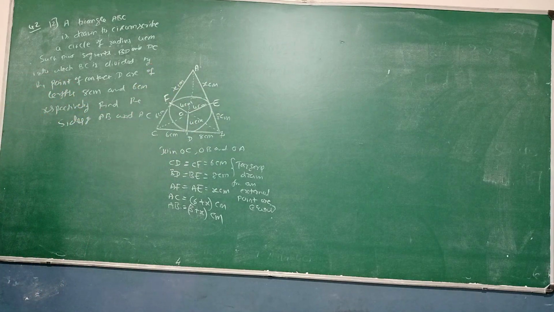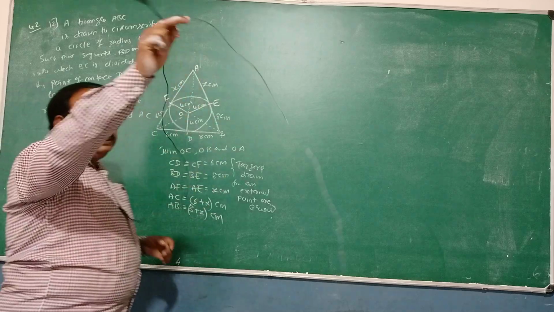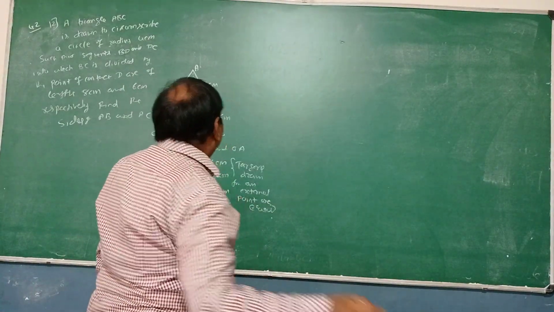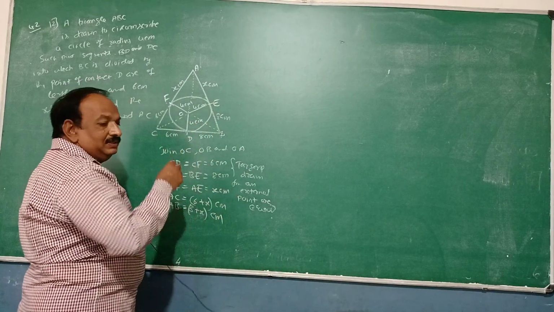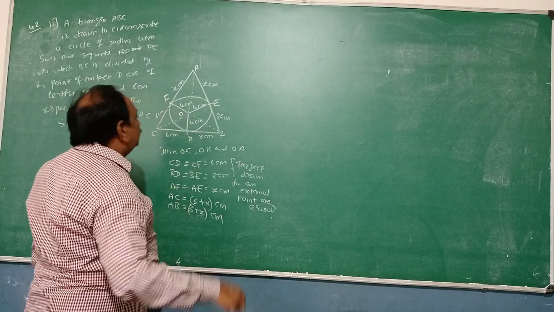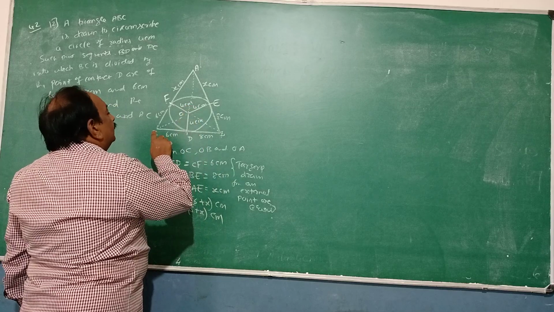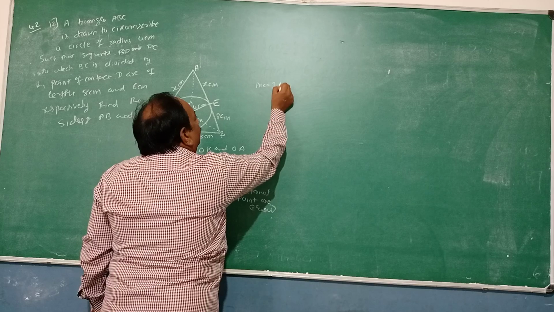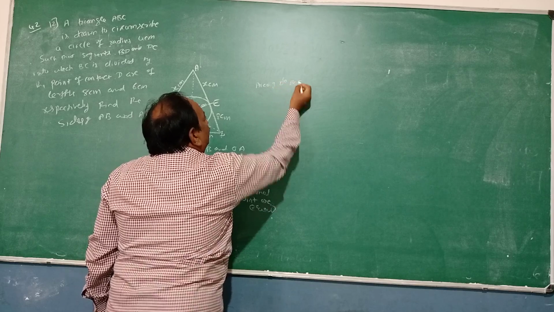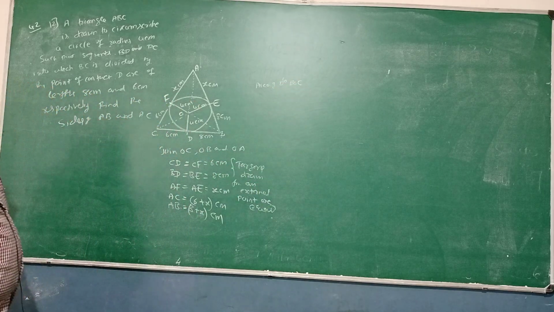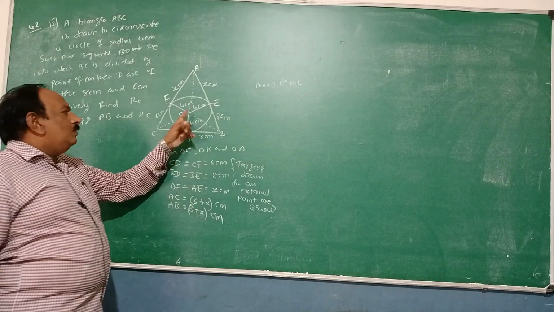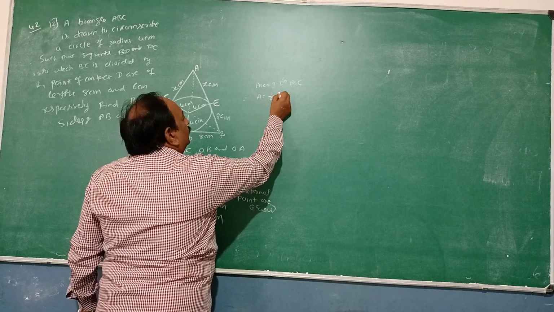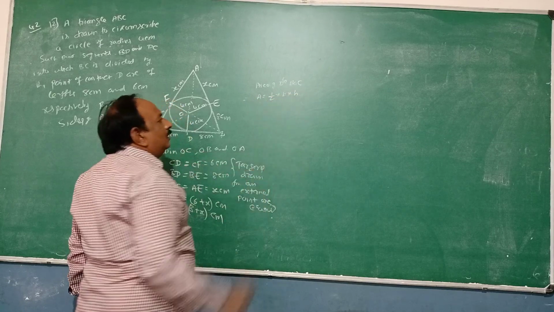Now we are going to consider the areas of the triangles. This triangle, which triangle? This one, BOC. Area of triangle BOC is equal to half into base into height.